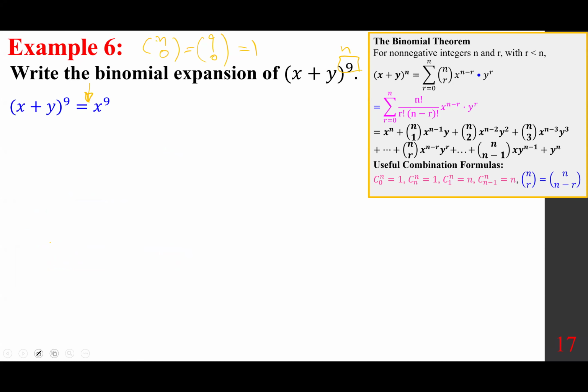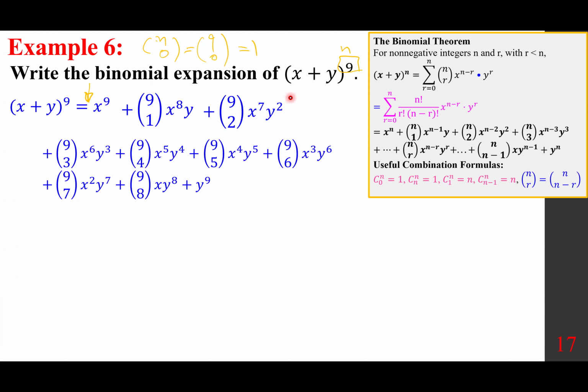And so the next one would be 9 choose 1, x to the power of 8, y. The next one would be 9 choose 2, x to the power of 7, y squared. Again, the exponents add up to 9: 1 and 8 is 9, 7 and 2 is 9, and continue. The rest of it, I'm not going to go through one by one. It's the same concept.